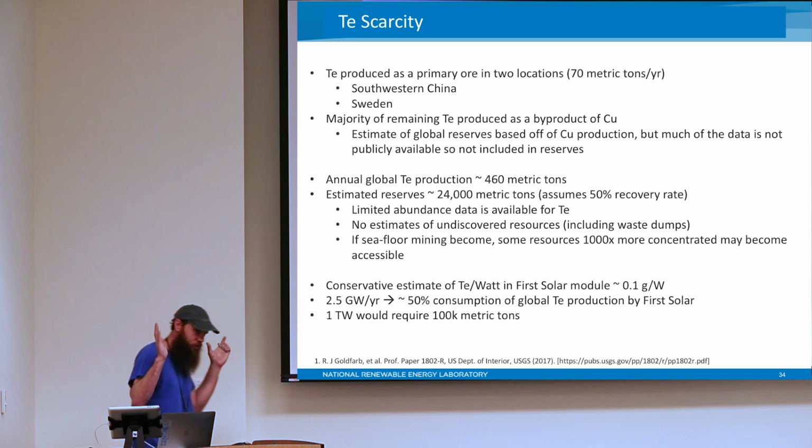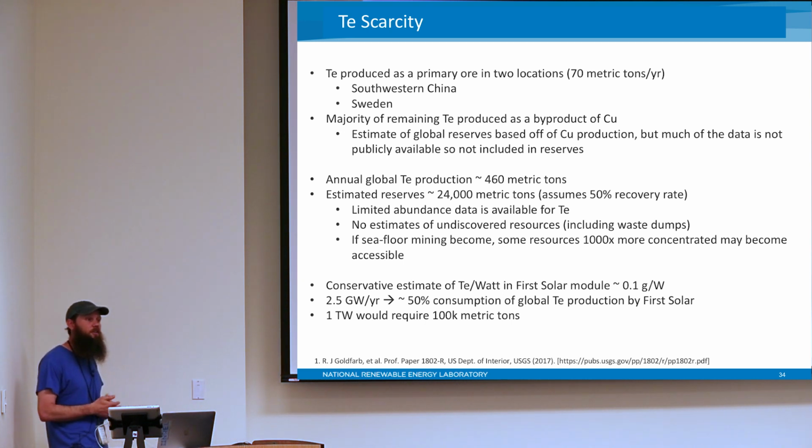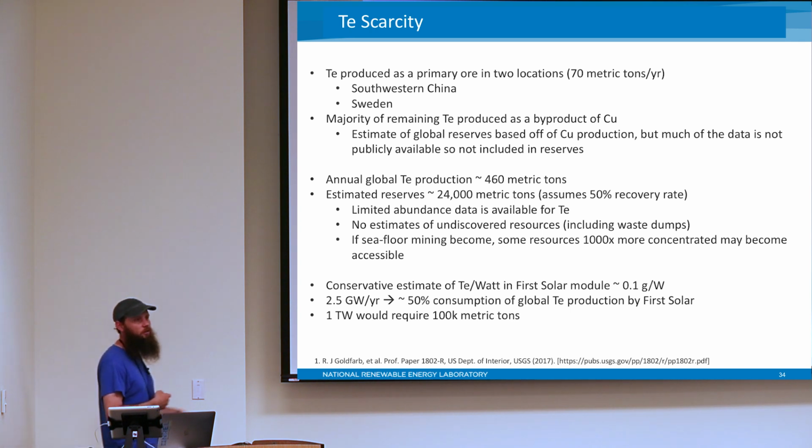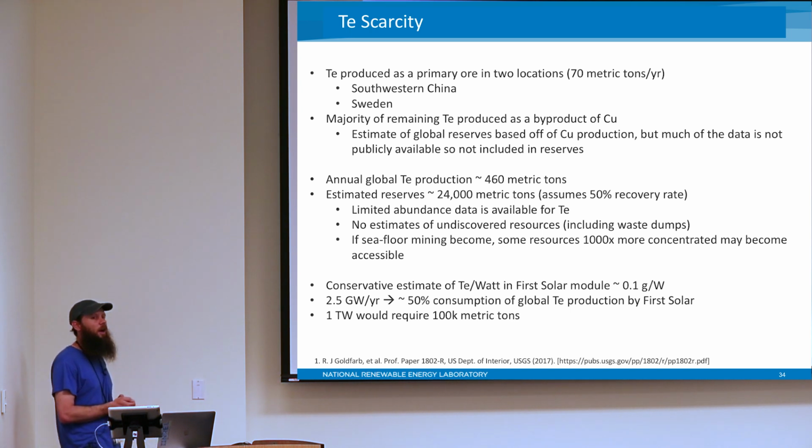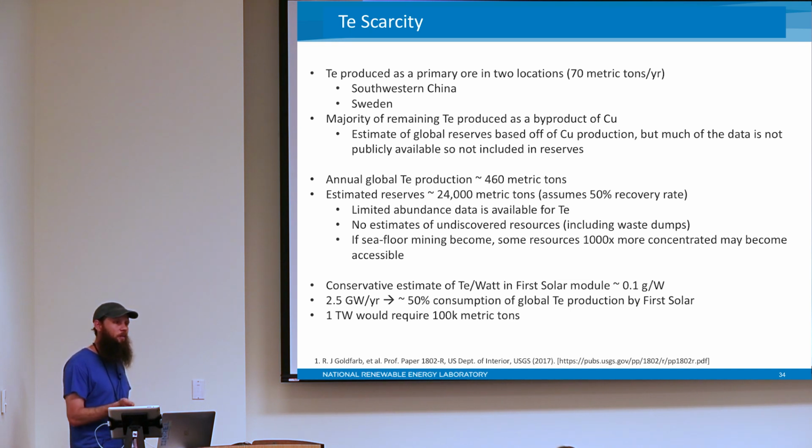So really voltage is our major problem, but I figure I should mention tellurium scarcity, because this is something people will sometimes throw at you. It's like, well, there's just not enough tellurium. In general, if someone tells me that you've got a scarcity problem, I figure they probably have something that's not as good that they're trying to sell, and they're blaming that.